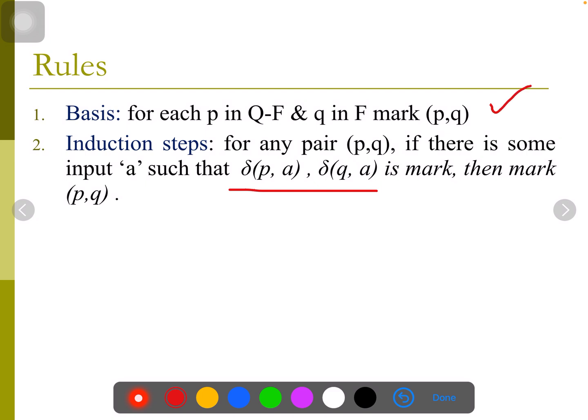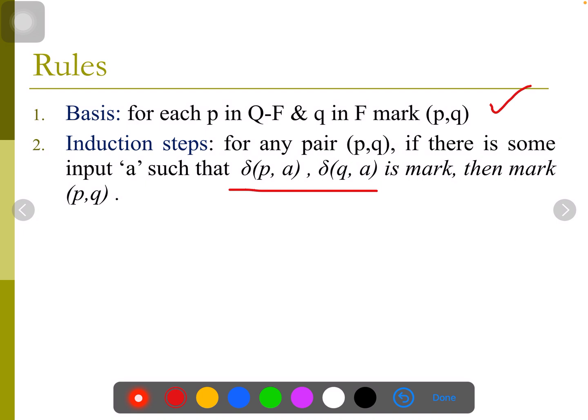It is very clear: one is in F and the other one is in a non-final state, then you can directly mark it. But in the second step, you still have to check it. For any pair of states that are still unmarked, you have to check them through the transitions using the induction step. These two steps will be understood clearly while solving the problems.